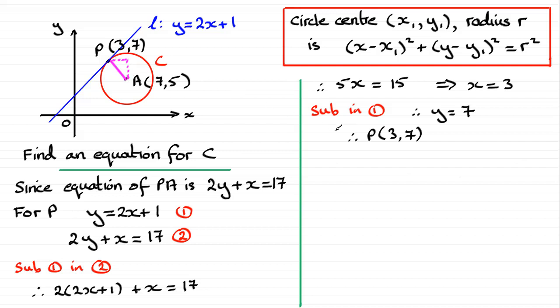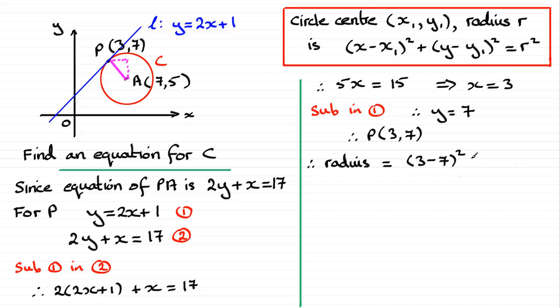That will give us that hypotenuse there. So therefore we can work out what the radius is going to be. The radius will be the difference in the x coordinates, so that would be 3 minus the 7. Okay, or you could do 7 minus 3, it doesn't make any difference.